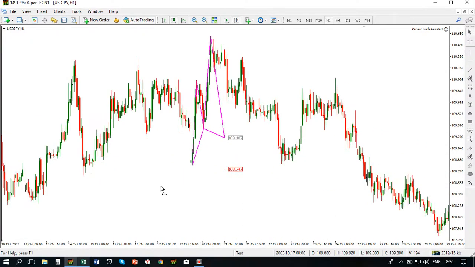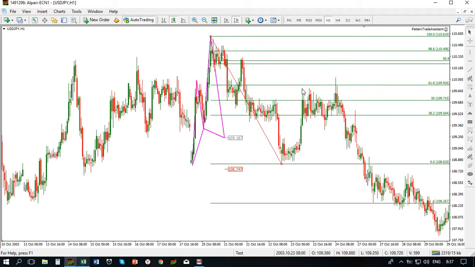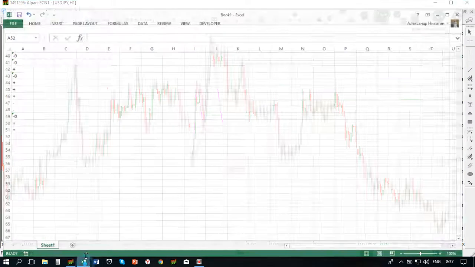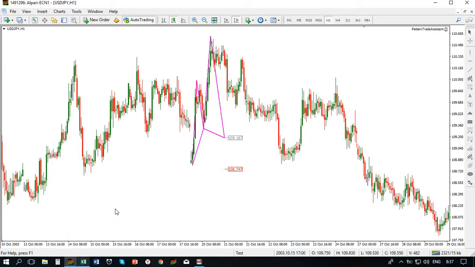Page down, this one, obvious winner. We didn't touch the stop loss, go to this, come back, does not hit the break even. It is full target winner. Full targets. Both targets.